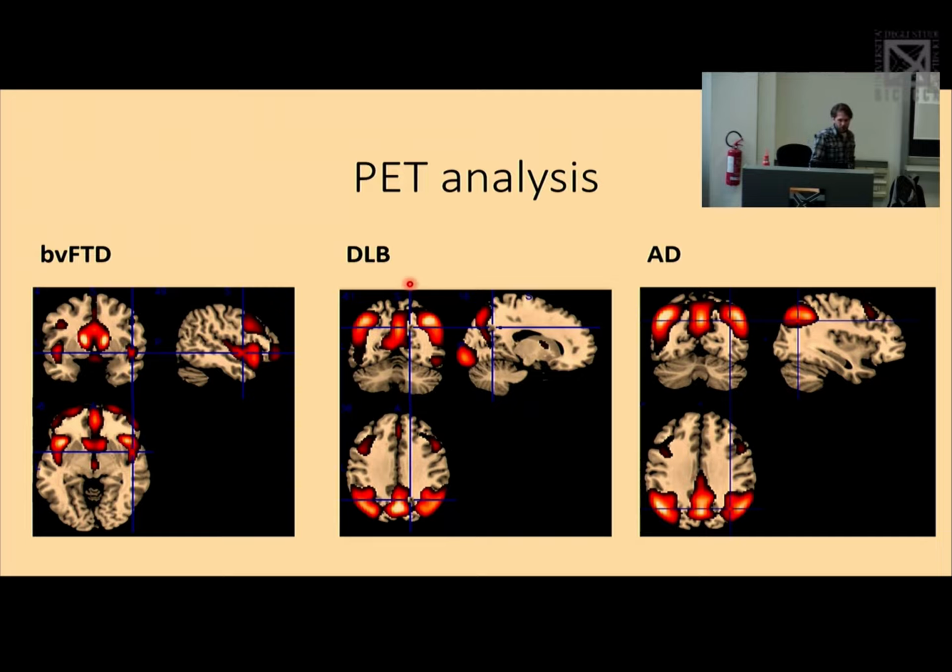With Lewy body dementia, you can see the brain shutting down again in the parietal cortex, but not in the occipital cortex. While in Alzheimer's disease, you have this area in common, but not this one.